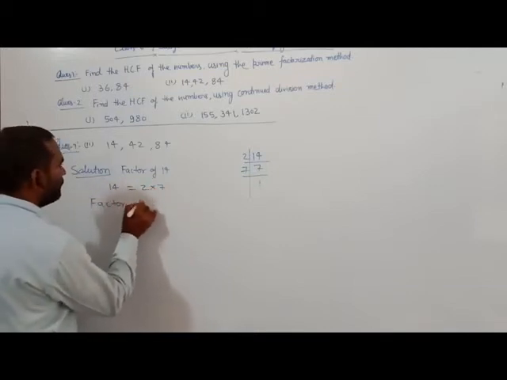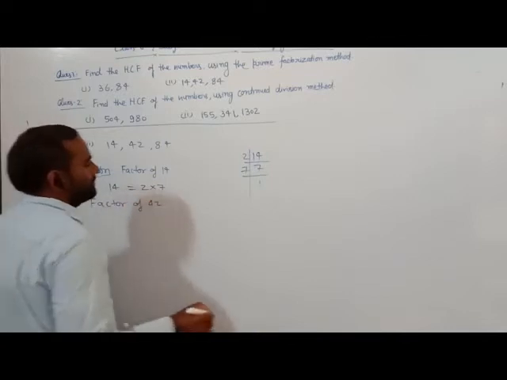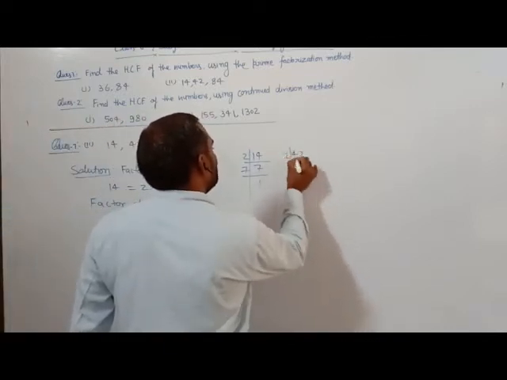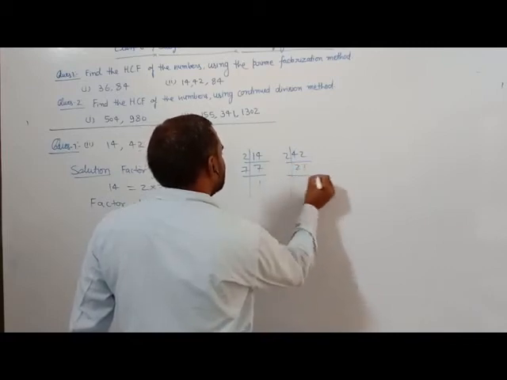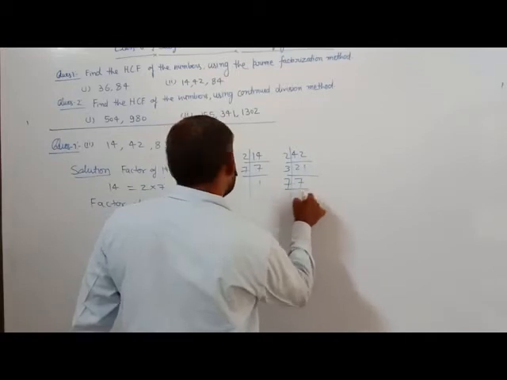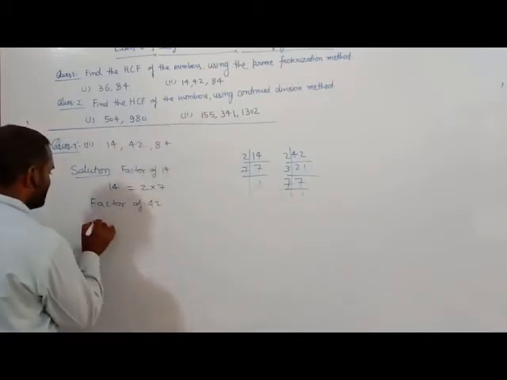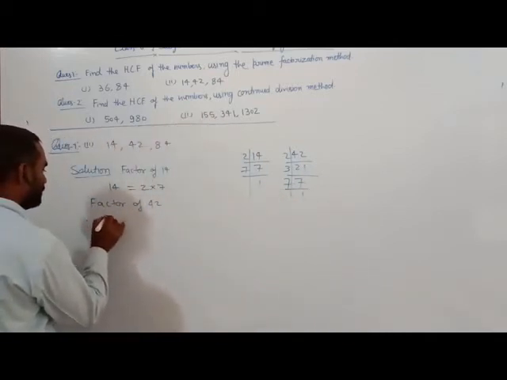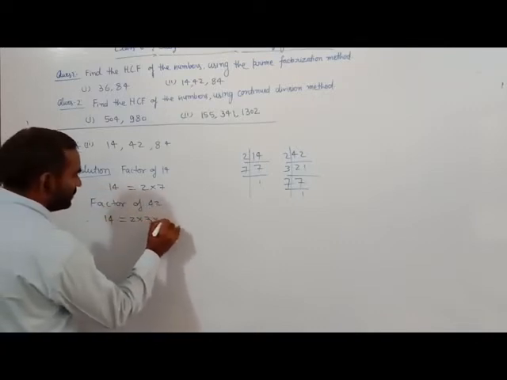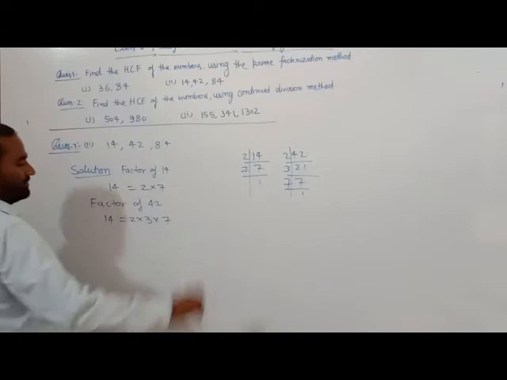Factor of 42. 2 twos are 4, 2 ones are 2, 3 sevens are 21, 7 ones are 7. Hence 42 is equal to 2 into 3 into 7.